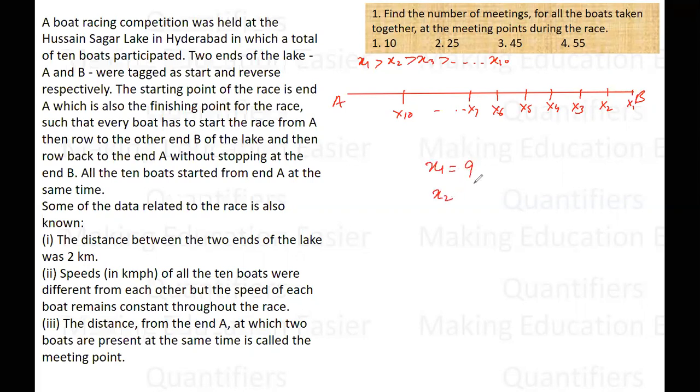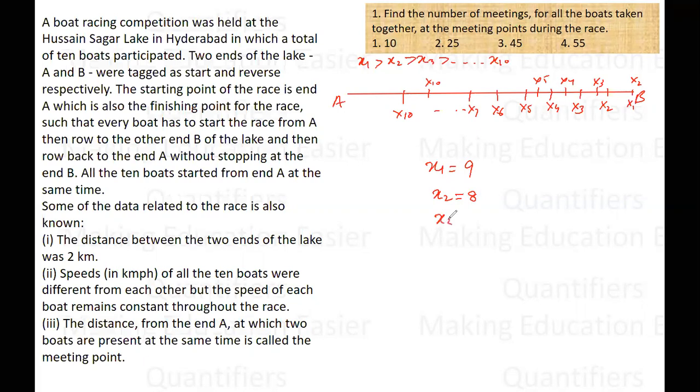Similarly for X2, X2 has already met X1. Now when X2 reaches B, it will meet X3 at some point, X4 at some point, X5, and so on up to X10. Since it had already met X1, it is now left with 8 boats to meet.